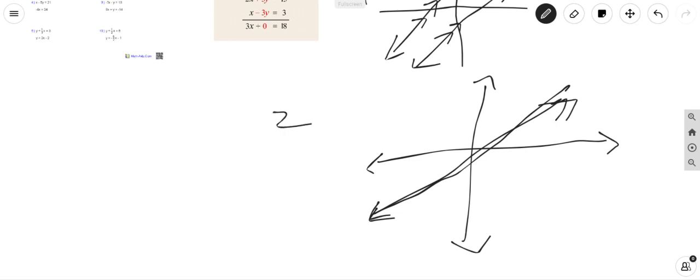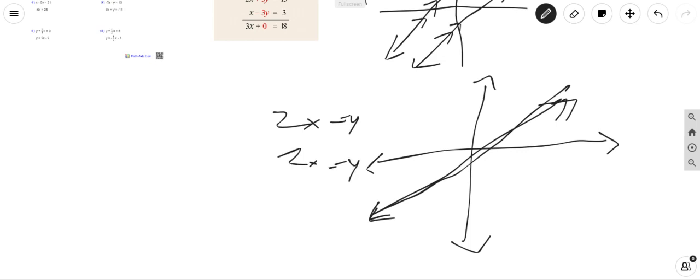So 2x plus y equals 10. Well, except the 2x equals y.